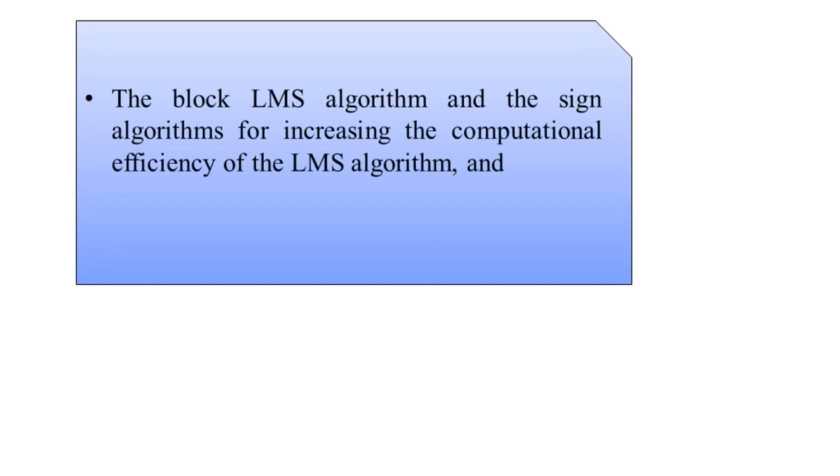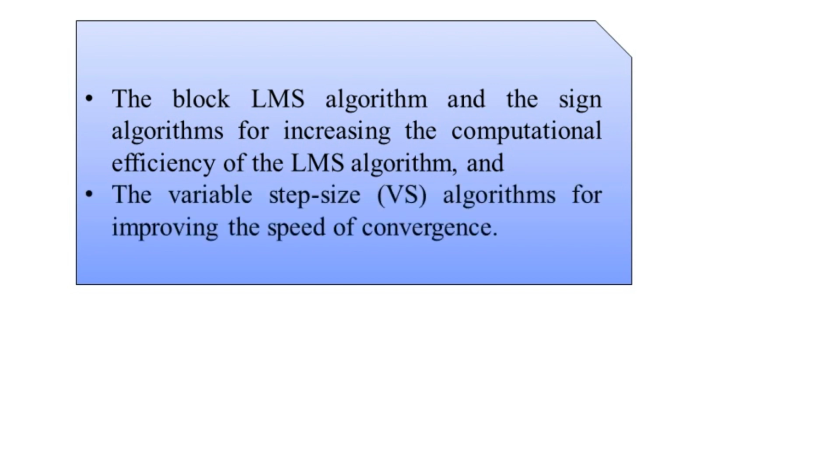And last, we have the third type, the variable step size, which we can abbreviate as VS algorithms, for improving the speed of convergence. So let us first address the first type, the Leaky LMS algorithm, LMS standing for the least mean square algorithm.